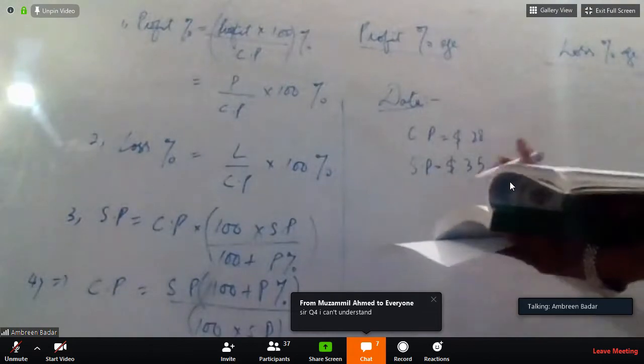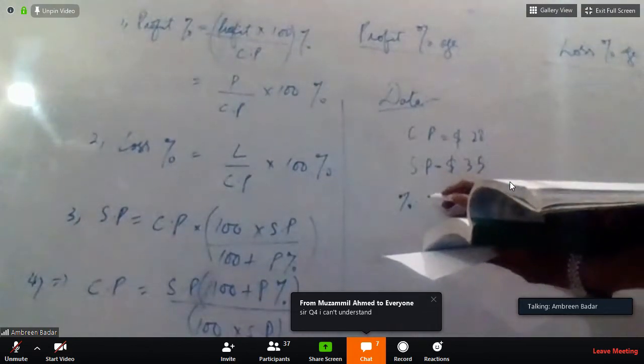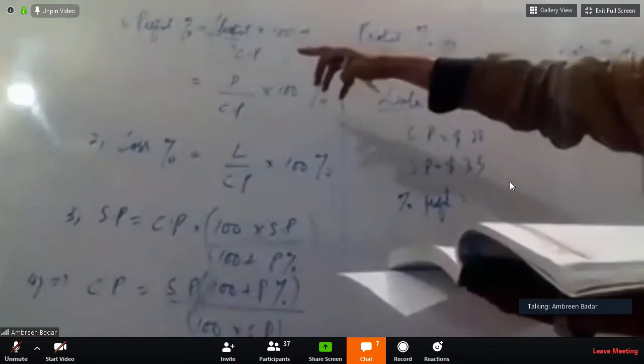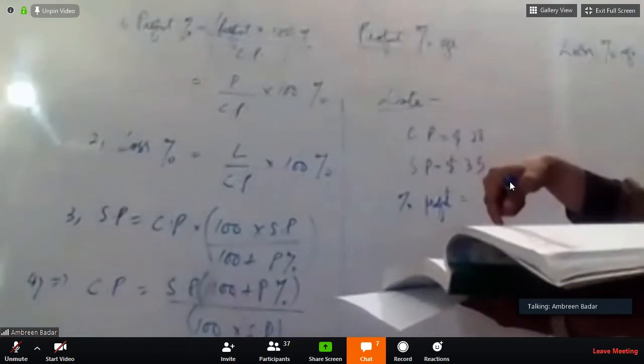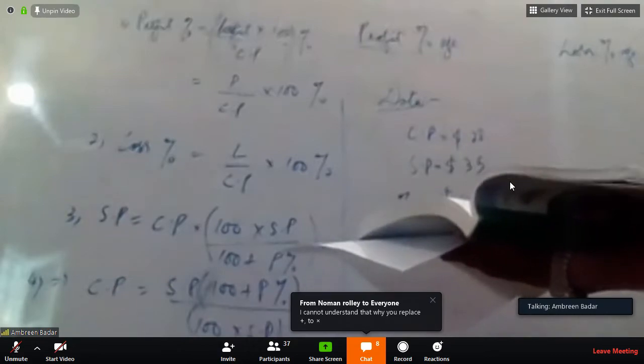Now it is asked to express the profit as a percentage. See the profit formula for the profit percentage. But keep in mind the question said express the profit as a percentage of the cost price.